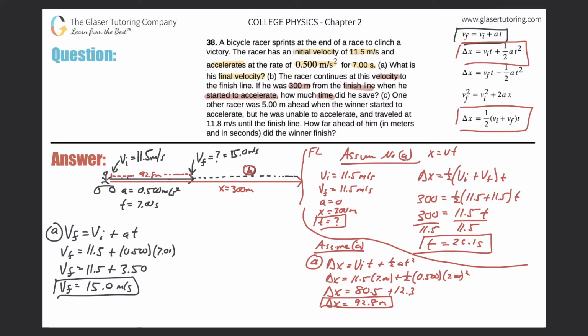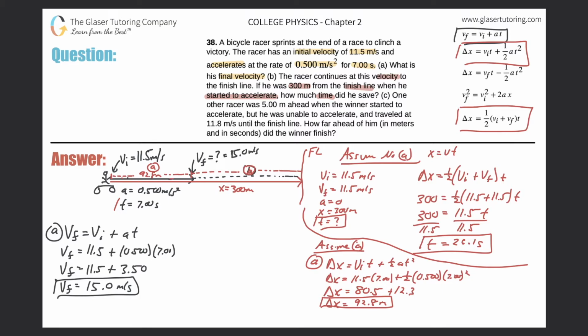And remember, in order to cover this distance that we just found, it took him 7 seconds. The reason why I had to find that distance is because now I need to find the remaining distance in part B. So how do we do that? Well, you might say, if the whole length of the thing is 300, and he already traveled 92.8, just do a subtraction. So that would be correct.